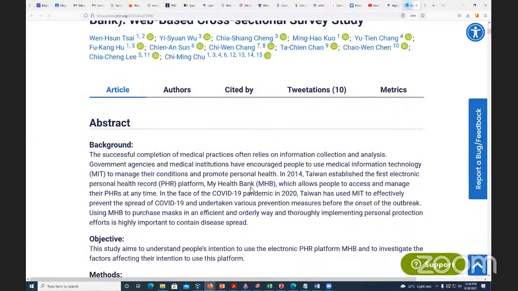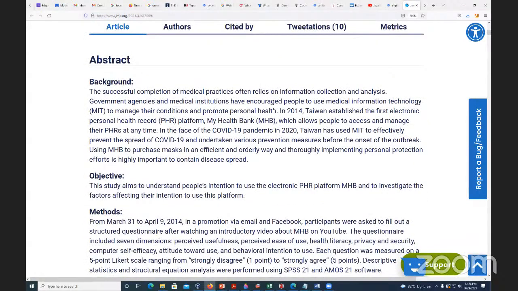So this article says, as the abstract first, in Taiwan in 2014, they actually had a system, a health platform. Notice I'm just jumping quick to get the essence, that they had personal health records, and then in COVID they used this medical information technology, the MIT, to effectively prevent the spread of COVID, and used My Health Bank to purchase masks.